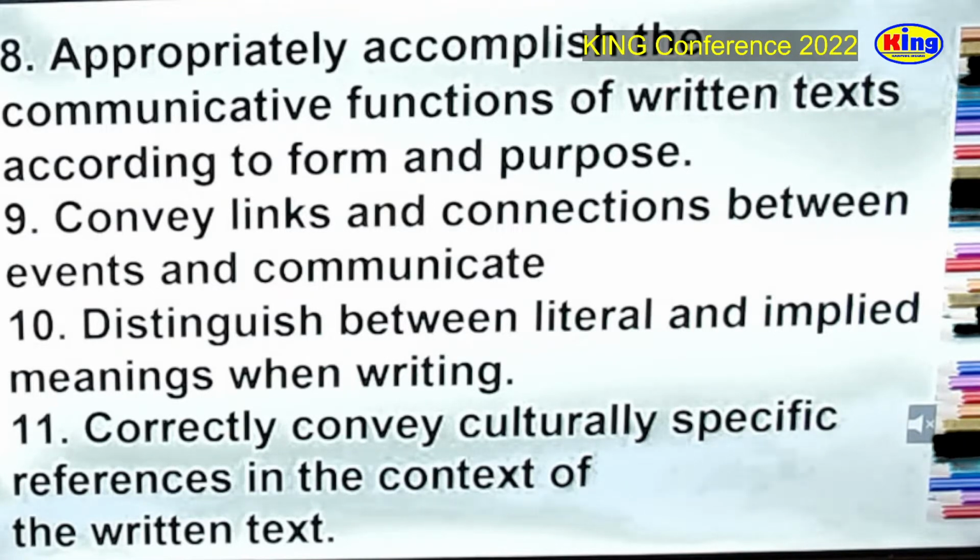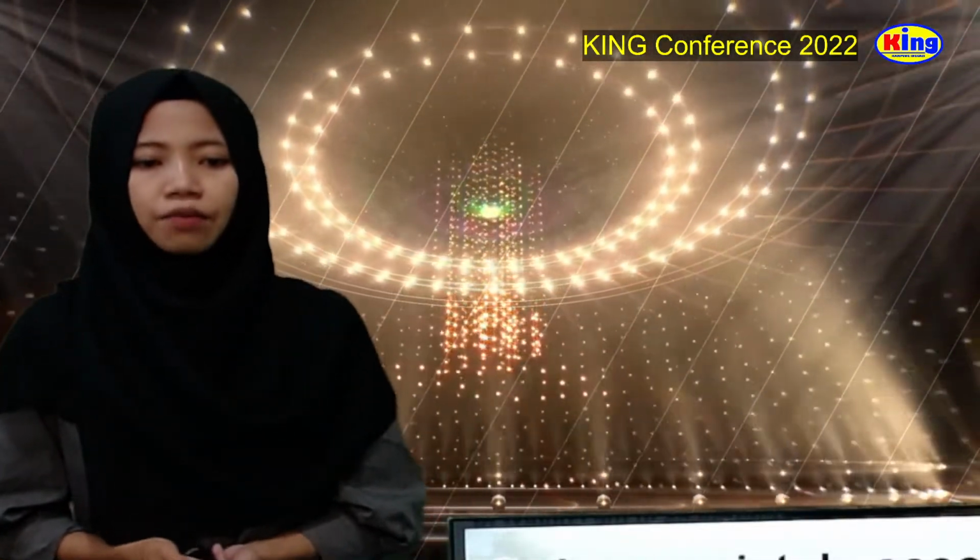Convey links and connections between events and communicate. Number 10, distinguish between literal and implied meanings when writing. And then we have correctly convey culturally specific references in the context of written text.